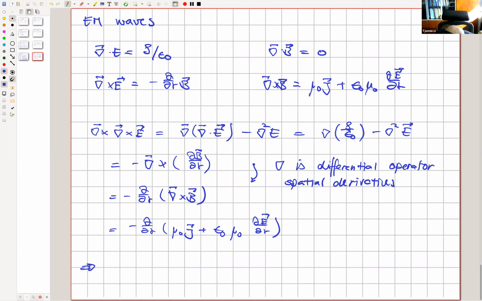We have the Laplacian of E minus epsilon naught mu naught partial squared E partial t squared equals the gradient of rho over epsilon naught plus mu naught partial J partial t.